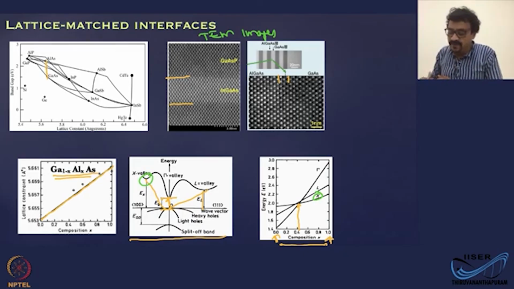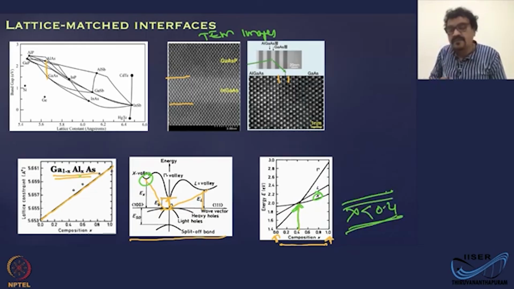For a lot of applications, we need a direct band gap, especially when photons are involved, where optical transitions are involved. You actually need a material with a direct band gap. So almost all these devices are made with the composition x less than 0.4. That's where most of these devices are made.